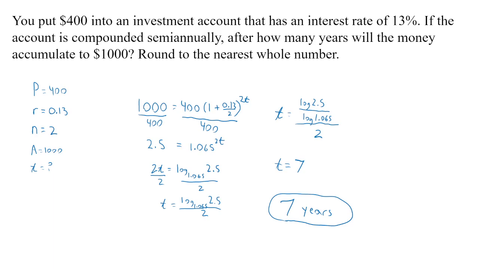So you see what happens where the interest is compounded a certain number of times per year. But now let's see what happens if it's compounded continuously. This would be a different formula.